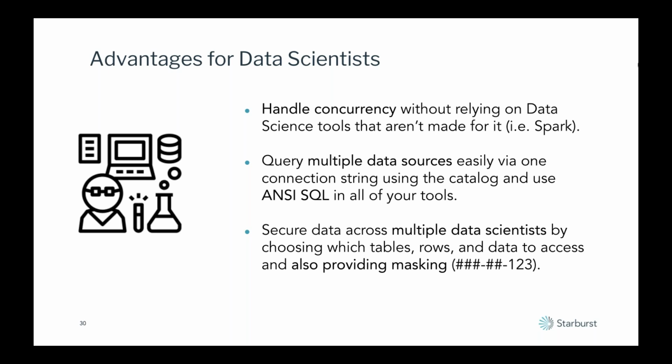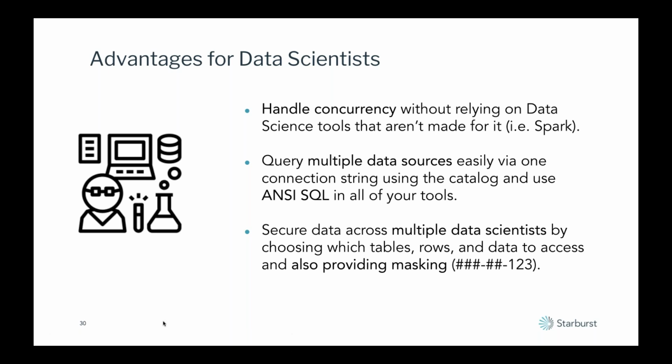So with Presto, you can federate across multiple sources using ANSI SQL all in one query. That's much easier and much more scalable than having to move the data from one place to another, load it into the tool, and then try to join it within the tool, which in some cases simply wouldn't be able to process that data because of the scalability and the size of the data.